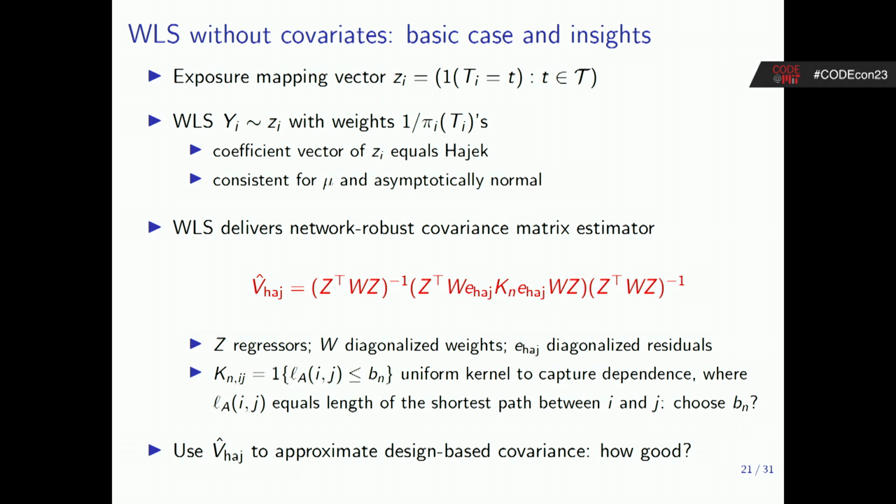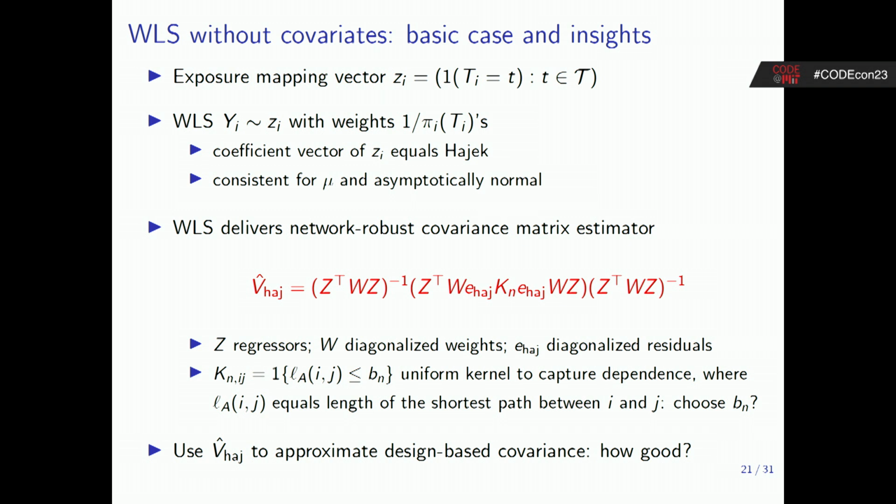There is a quadratic form in the middle. It's the residual vector weighted by this kernel matrix K. The kernel matrix is a binary kernel matrix. It's actually simple: if units i and j are close enough, you include the product of their residuals. Otherwise, you just drop those terms.